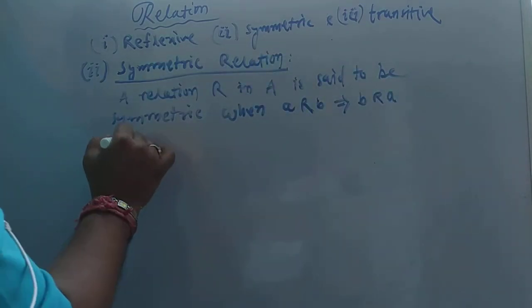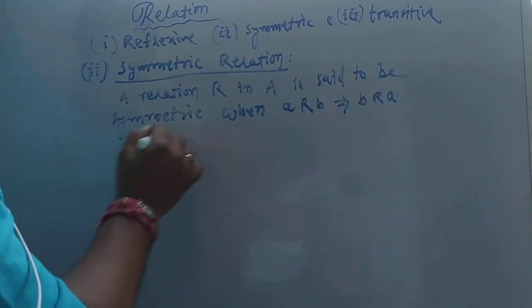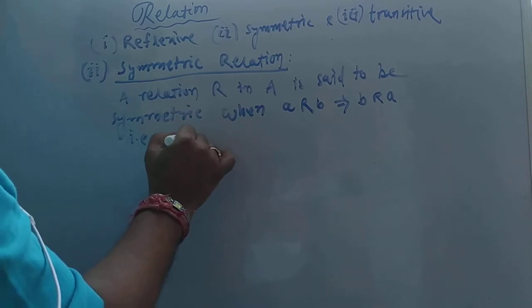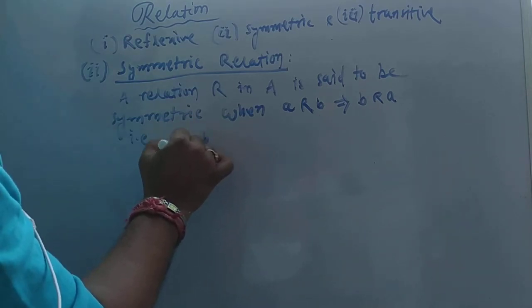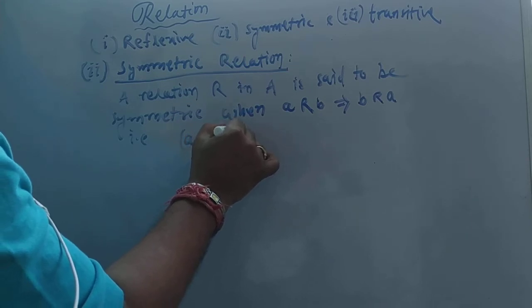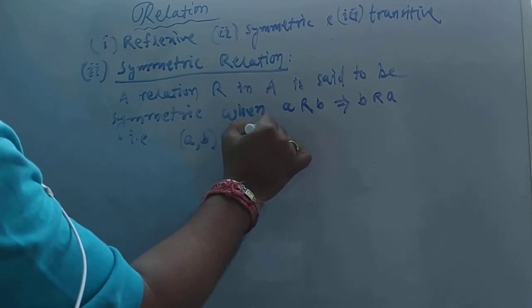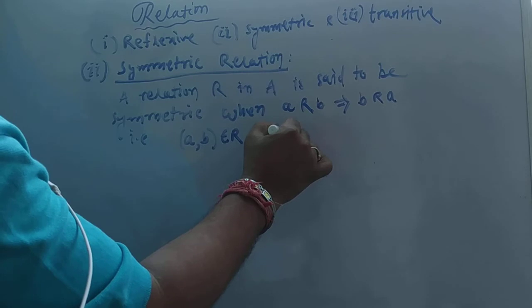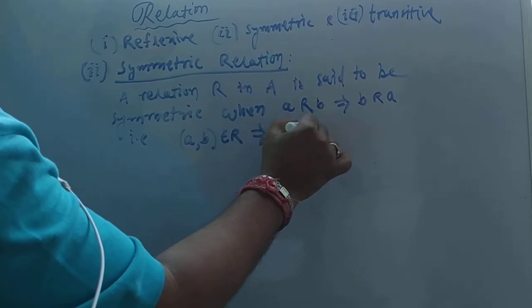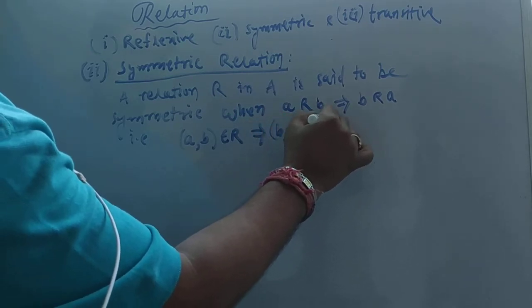Okay, that is (A, B) belongs to R implies (B, A) belongs to R.